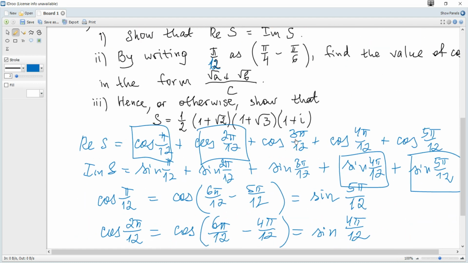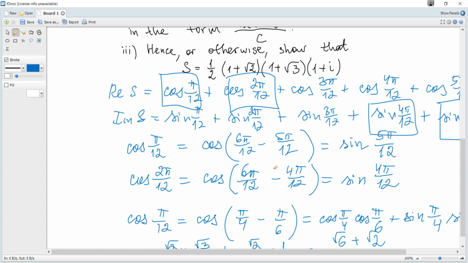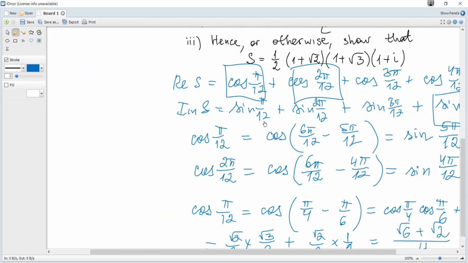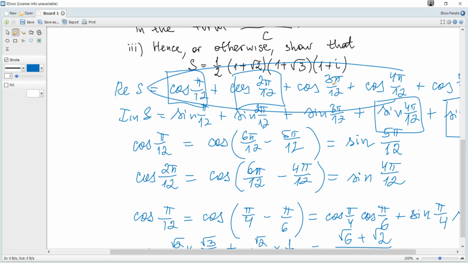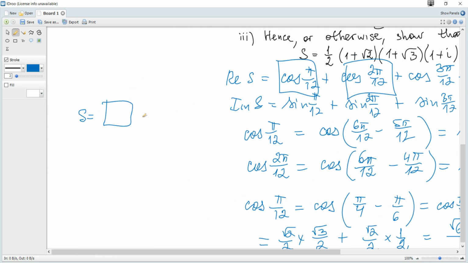But since the real part is equal to the imaginary part, it becomes the real part plus i times the same real part.